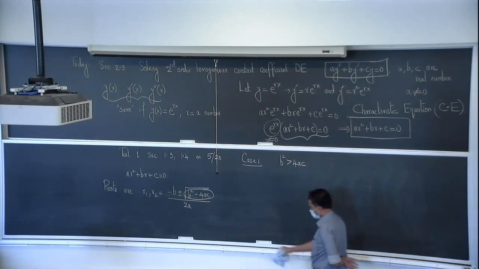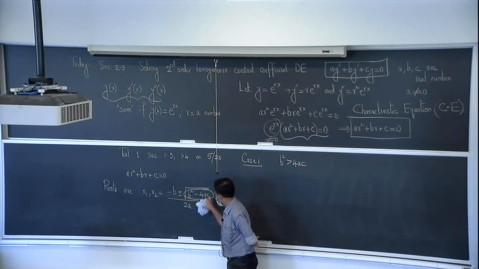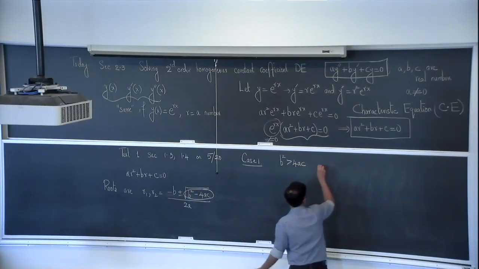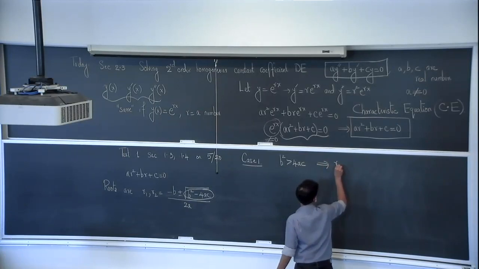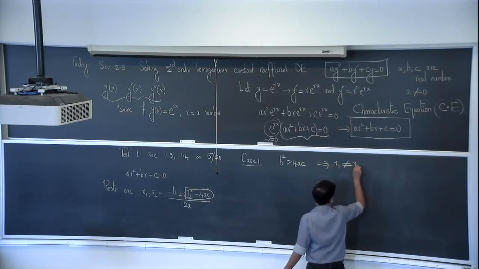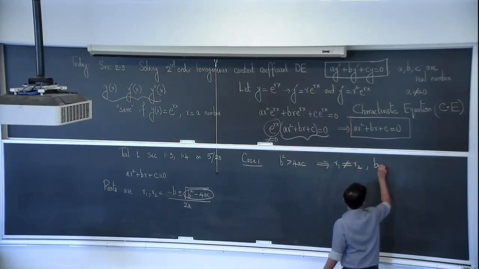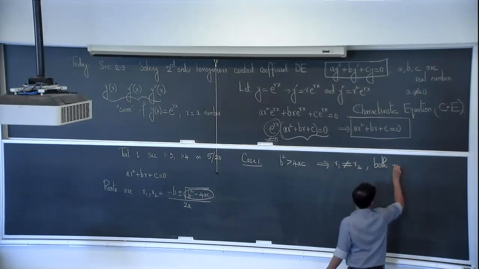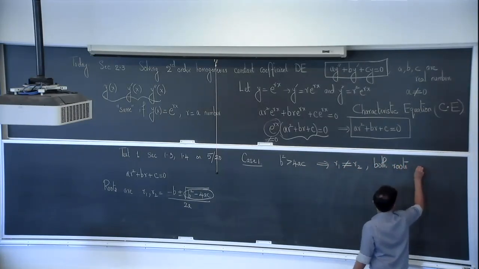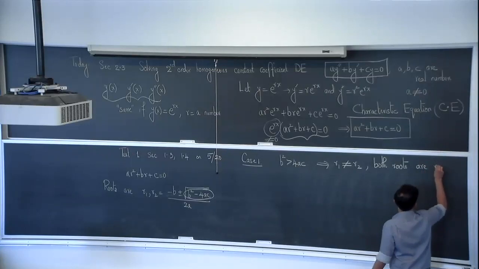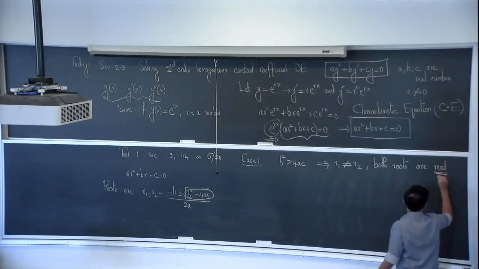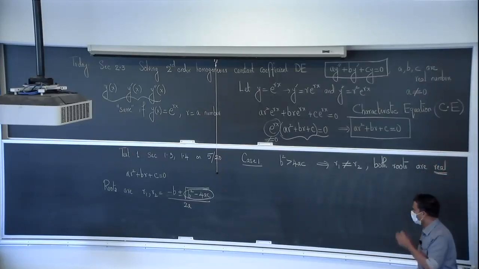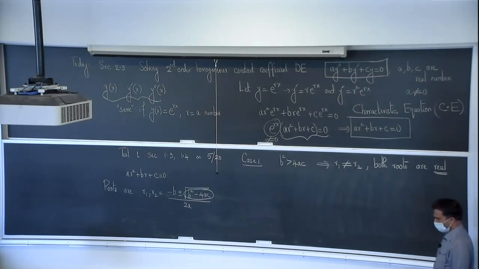Then you're going to have a positive number here. So you have negative B plus or minus a positive number divided by 2A. That means we'll have R1 not equal to R2, and both roots are real. Real means not imaginary or not complex.